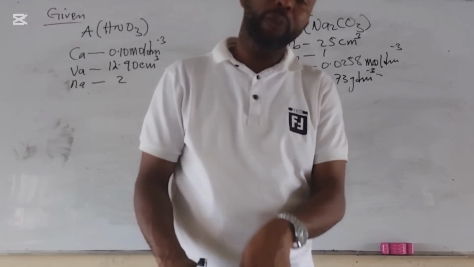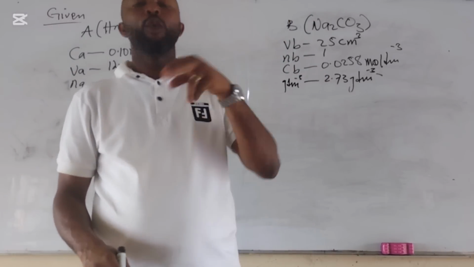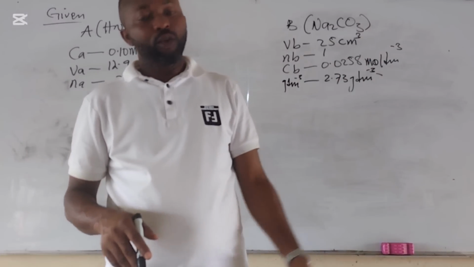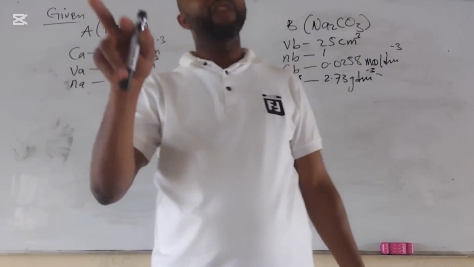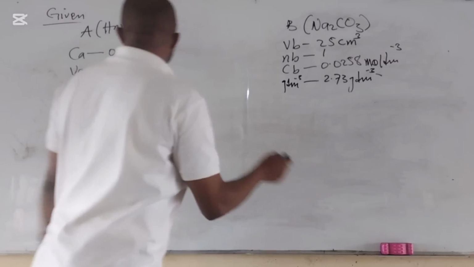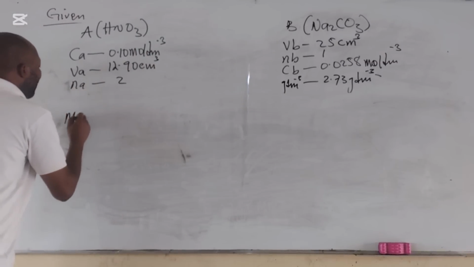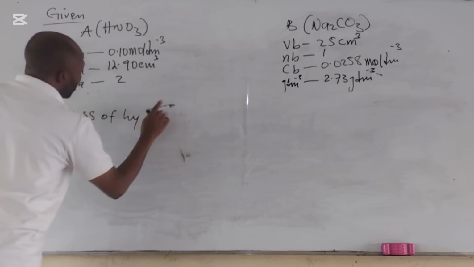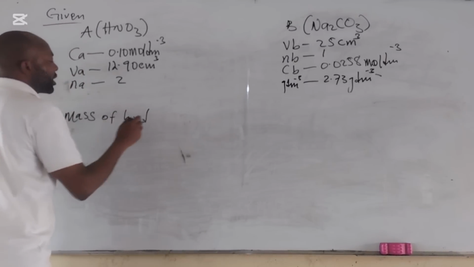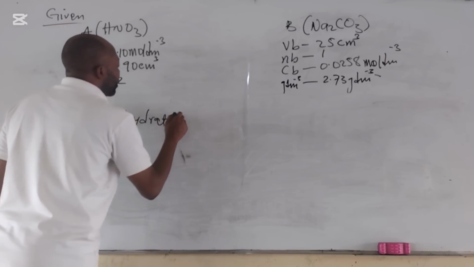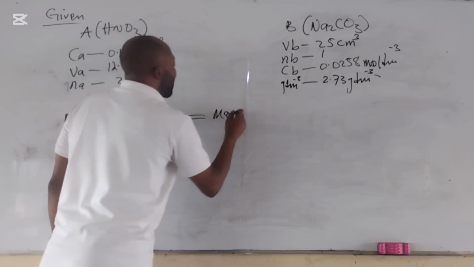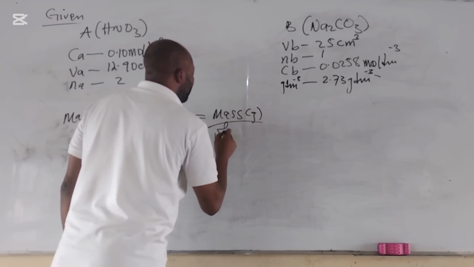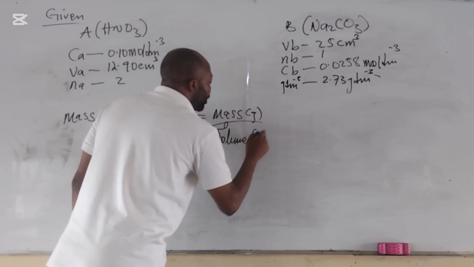Before we proceed to do the percentage of water of crystallization, we must know the mass concentration of the hydrated, which there says 3.6 in 500. So I will say mass conc of hydrated. Just understand, mass concentration of hydrated is equal to mass in gram over volume in dm³.